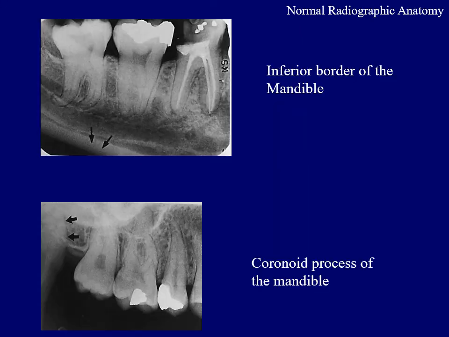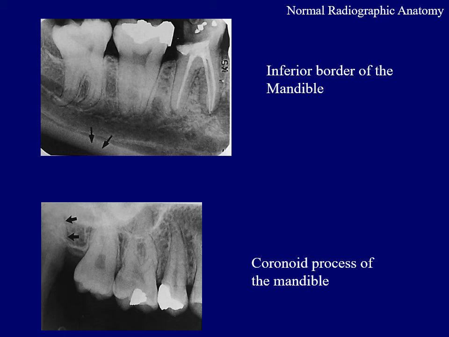The next anatomical landmark of the mandible is the inferior border of the mandible as shown within black arrows. This inferior border is rarely seen on IOPA films because the film can't be placed deep till the lower border of the mandible. If it is seen by chance, it appears as a dense, broad radio-opaque band of bone.